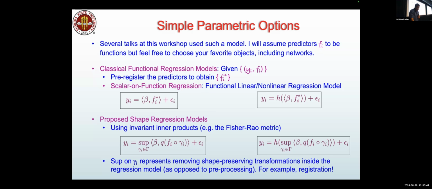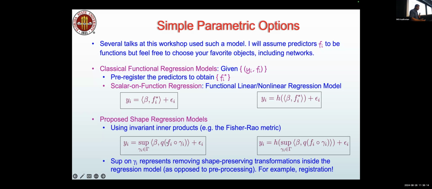So here is a simple idea: instead of this pre-registered model, the inner product is now replaced by another inner product where this supremum removes the shape-preserving transformations. For example, for rotation, instead of pre-aligning the objects to themselves, we align them to this regression function beta, and these are the individual objects.